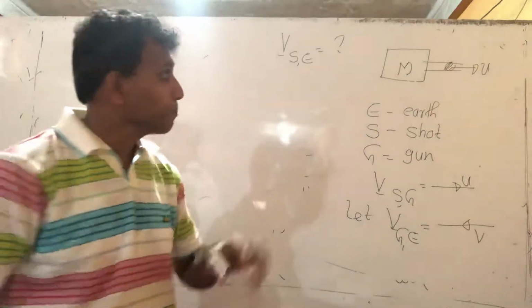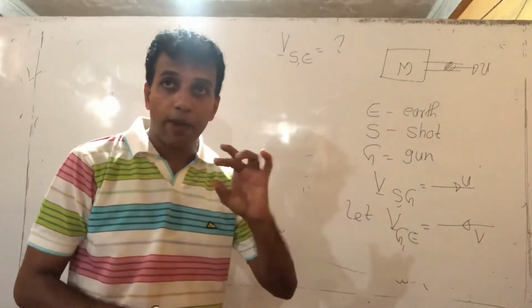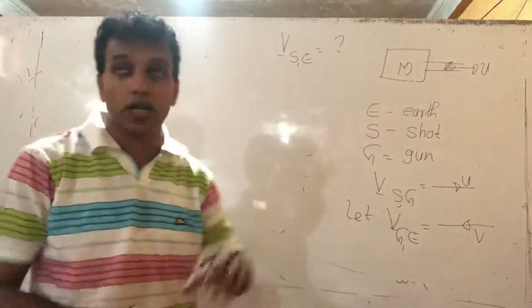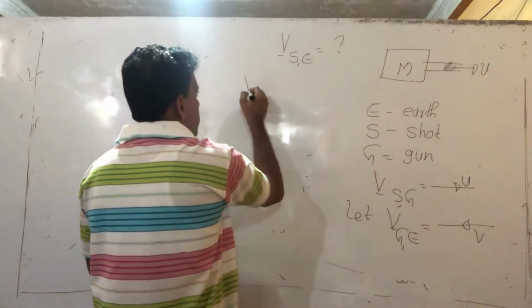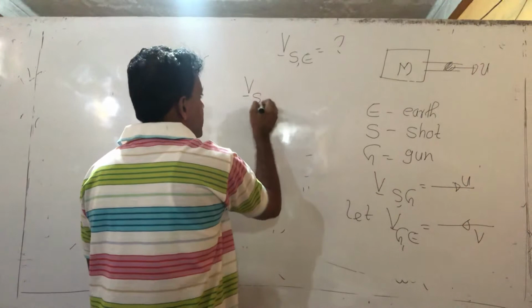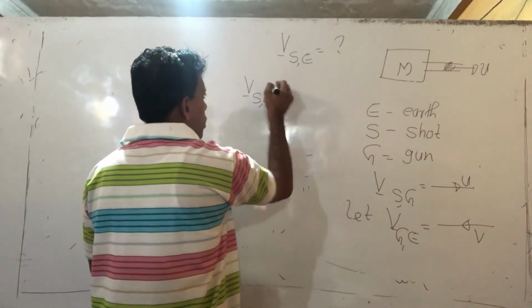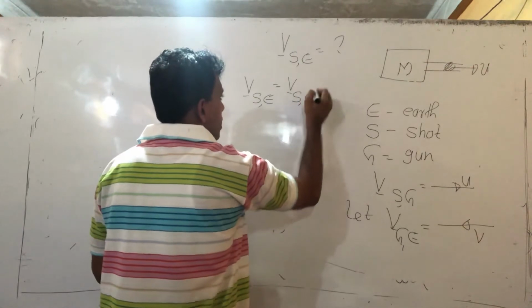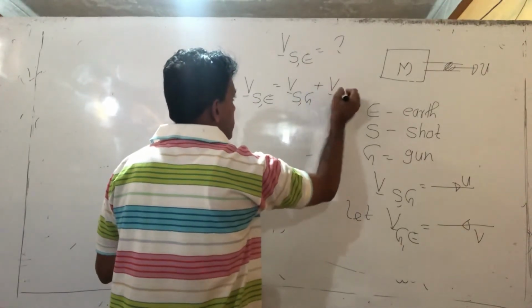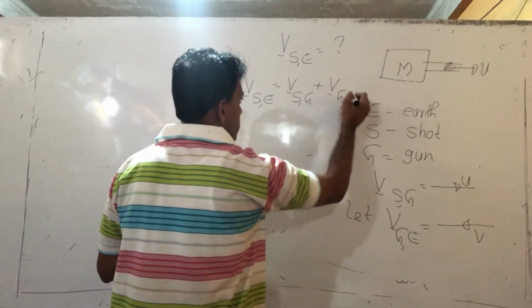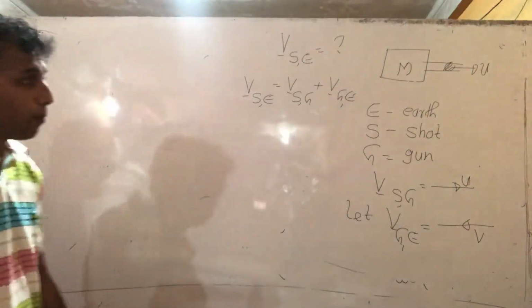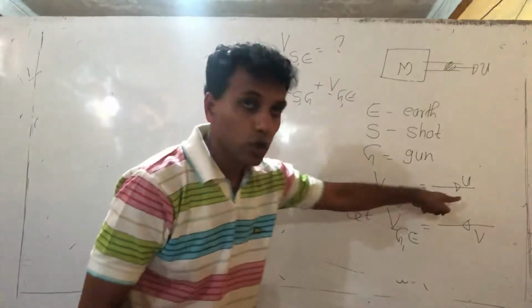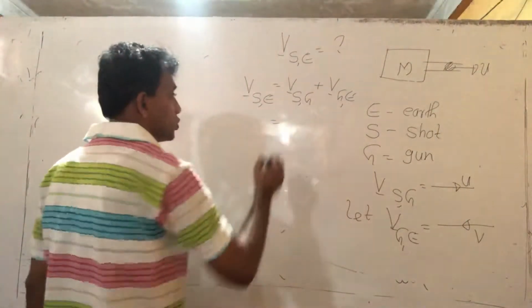Applying the relative velocity principle, the velocity of S relative to E equals velocity SG plus velocity GE. What is SG? It is u.